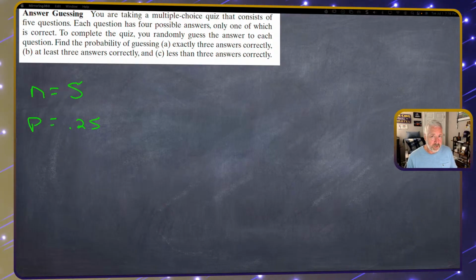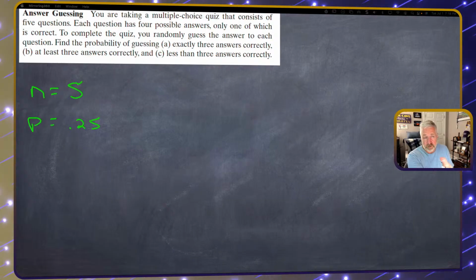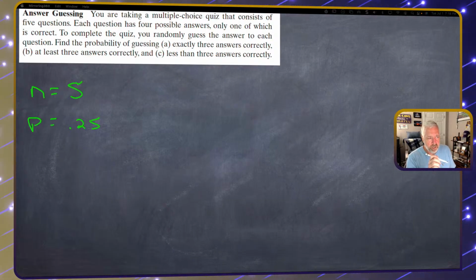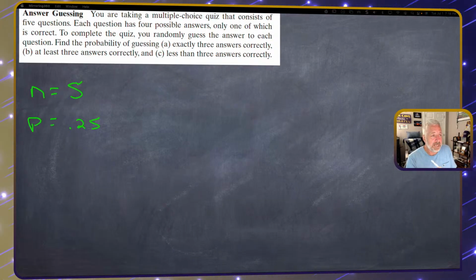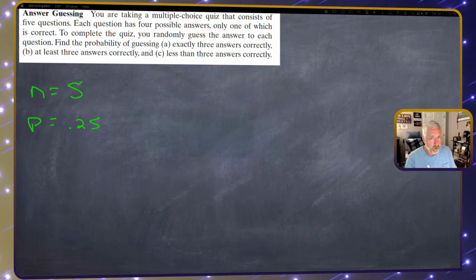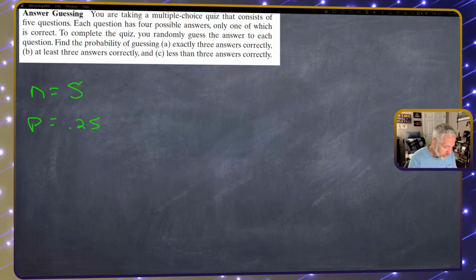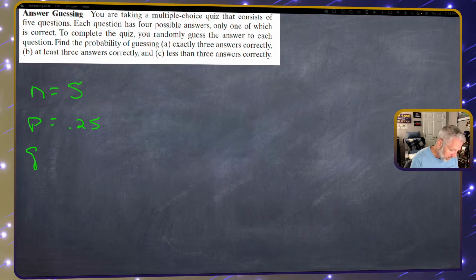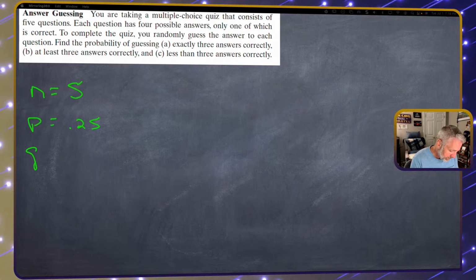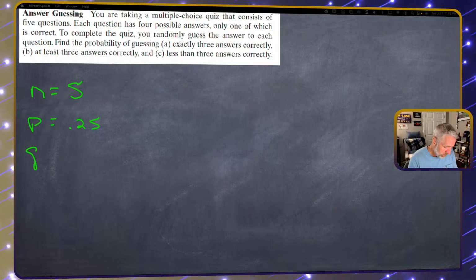You take a multiple choice test, there's only one multiple choice answer that works in most of the problems. In this one, it's for all of them. The probability of randomly selecting the correct answer to each one is 25%, which means that your probability of failure would be 0.75.